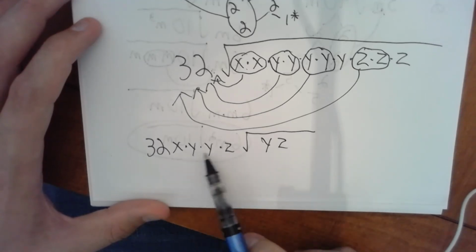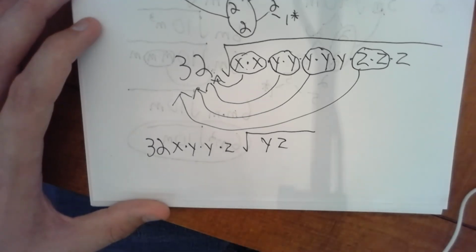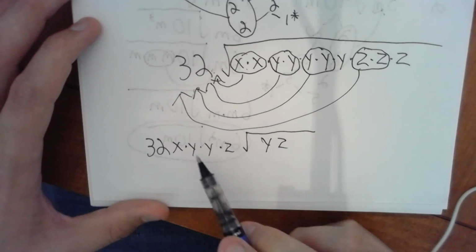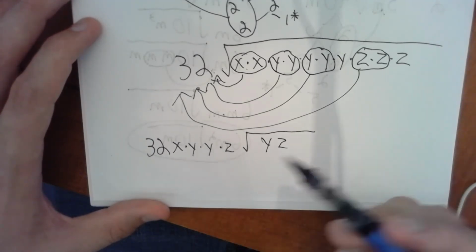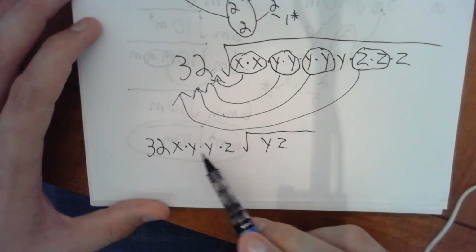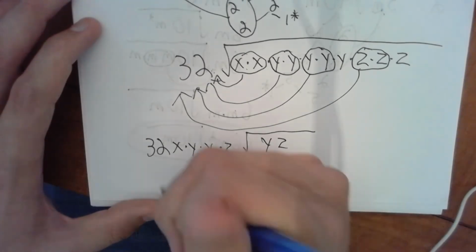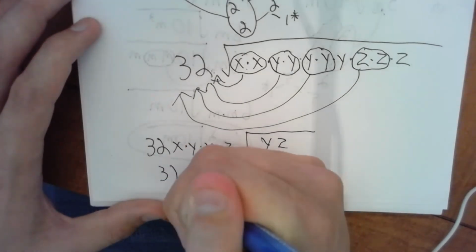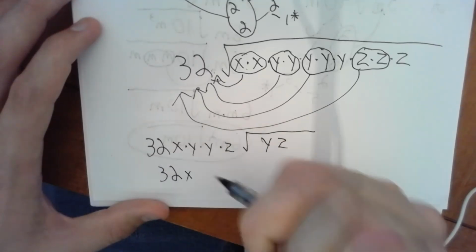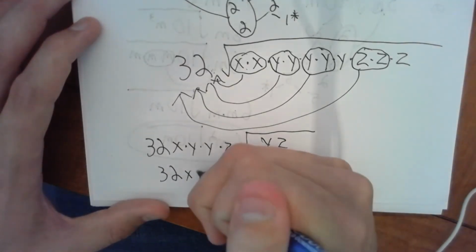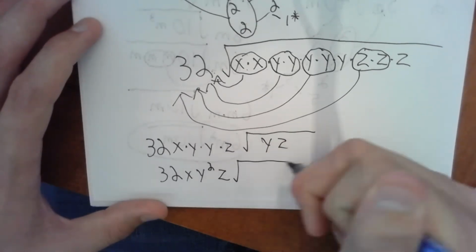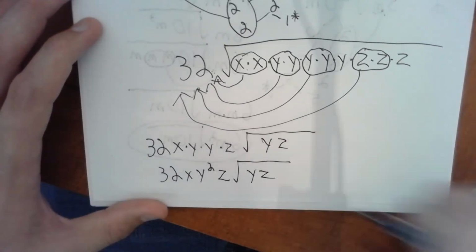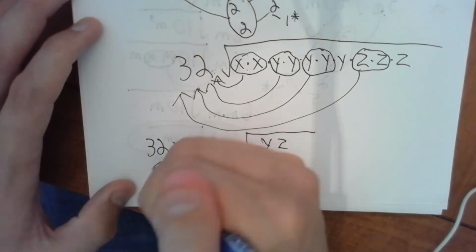I just kind of do it over here because in my brain I know that I'm not finished. So I know whenever I have a y times a y, I need to do something with that. Right now it's in an expanded form. I need to put it in exponential form. So I got to take those 2 y's that are being multiplied by each other and make it y squared. And there you go. There is your final answer.